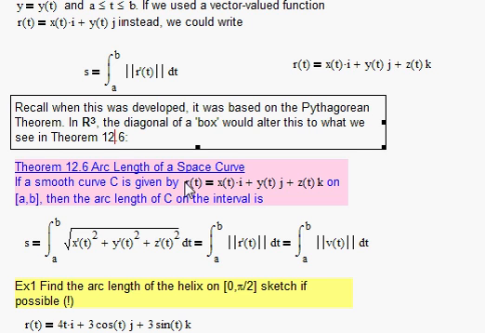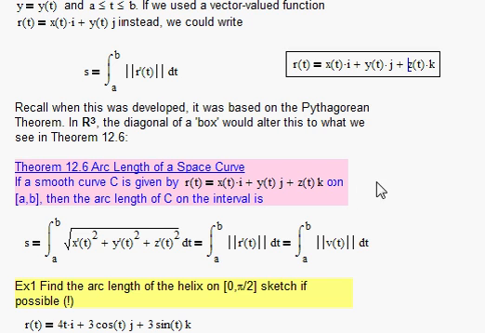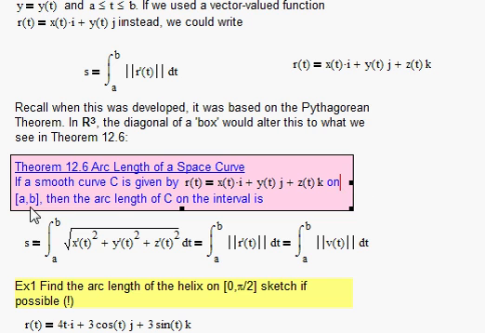A smooth curve given by r of t equals x of t i plus y of t j plus z of t k, on the interval A to B. Smooth is important, that way it's differentiable everywhere.